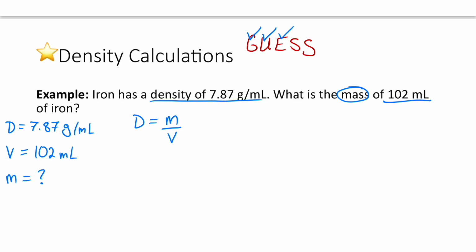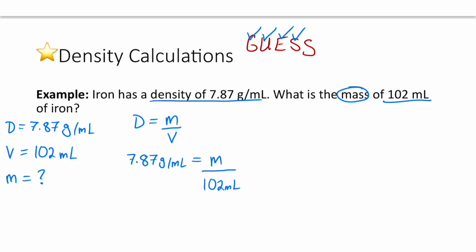I'll go straight to substitute this time, just so you can see both methods. So we're going to substitute in our givens, right? 7.87 grams per milliliter equal to mass divided by 102 milliliters. All right, so there's my substitution.